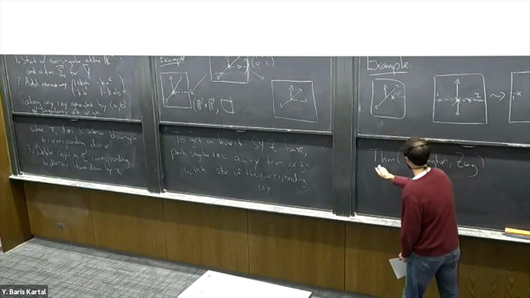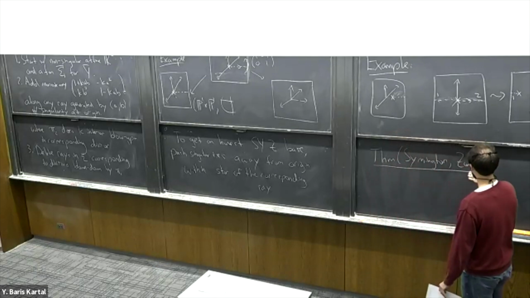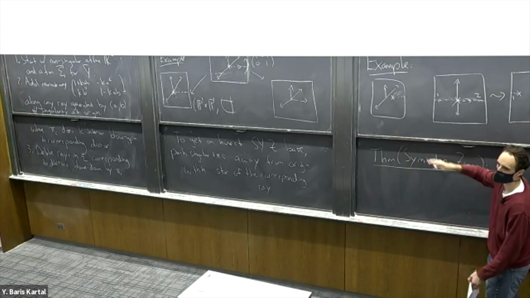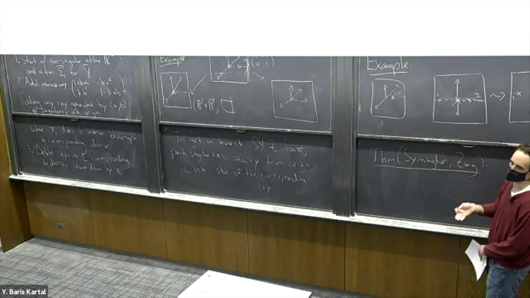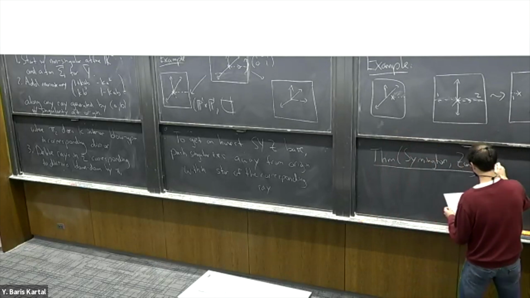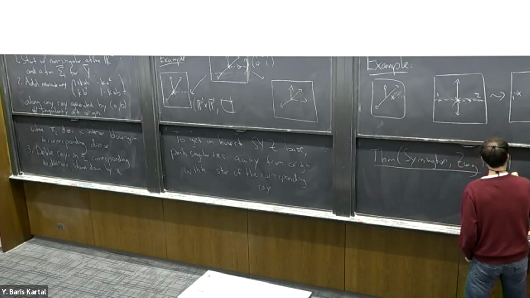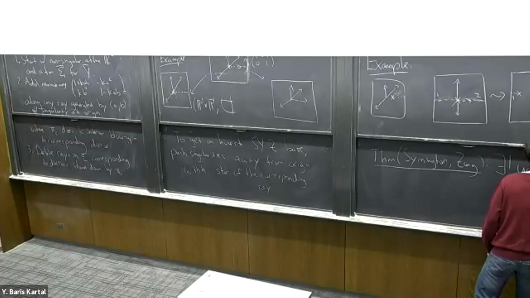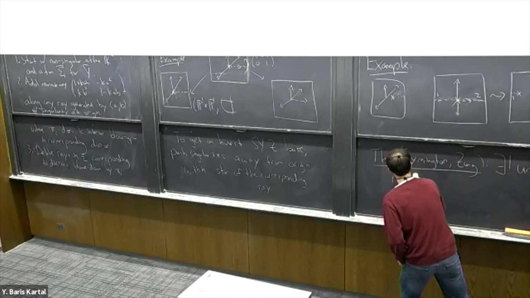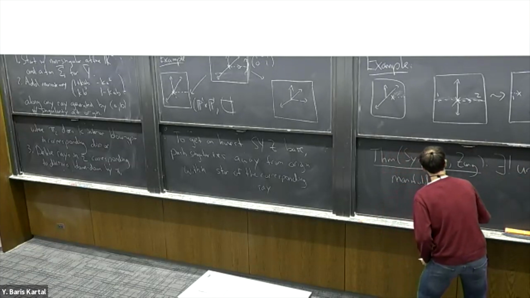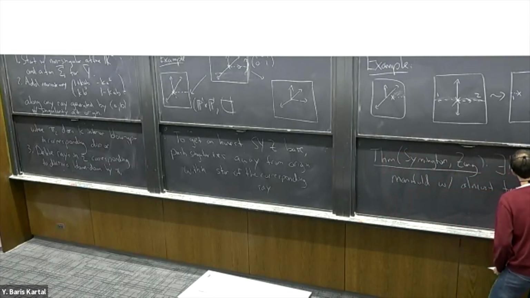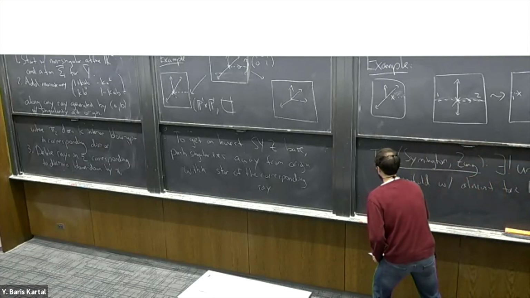Work of Symington, which builds on work of Zhang, says that if you have any base diagram like this, then there's a unique symplectic manifold with an almost toric fibration over it. Let's call it B.